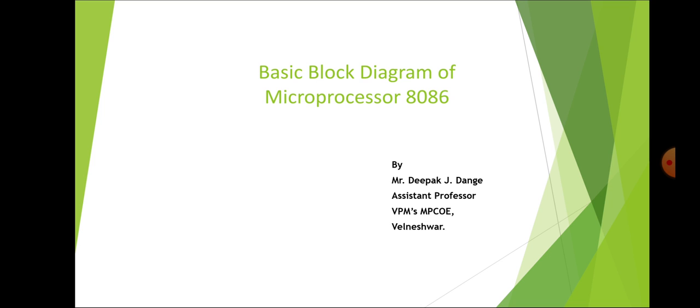In the last lecture we studied how the evolution of the microprocessors happened, and right now we are using the Pentium, Core i3, i7 processors. So there has been too much evolution till now. Today we'll start with the basic blocks which are present in our microprocessor.